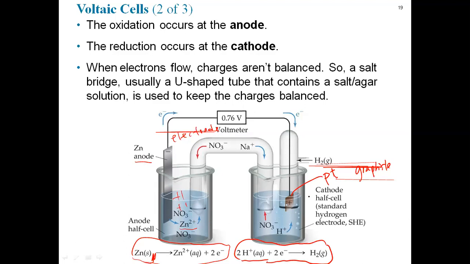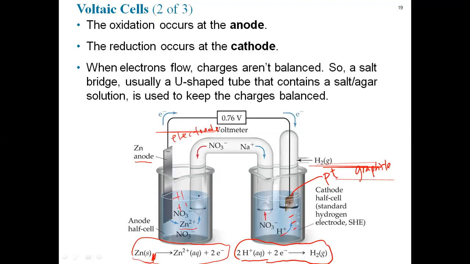Then here it will be the opposite, because you will take those H plus away. Initially in the solution, the positive and negative ions are balanced. So what do you do? If you take away those positive charges, then here you have more and more negative.